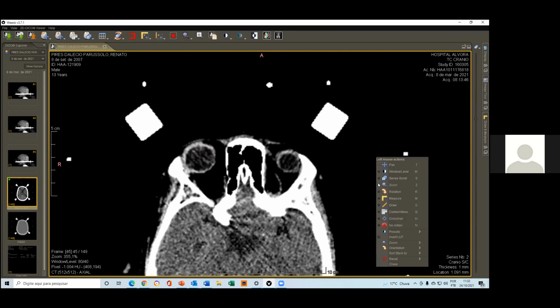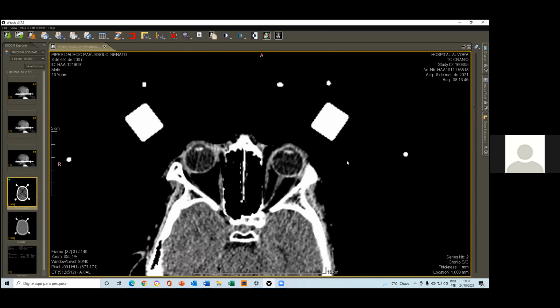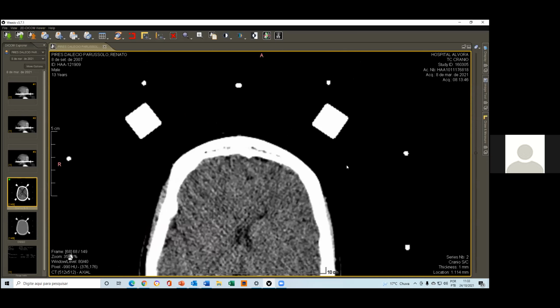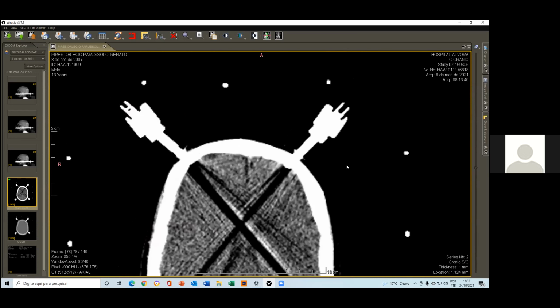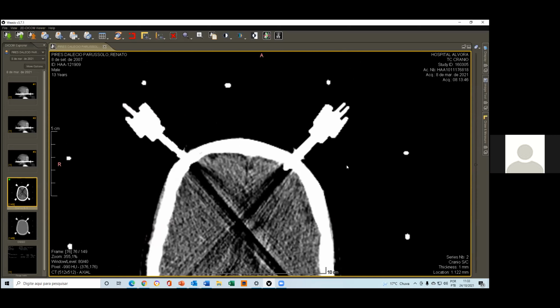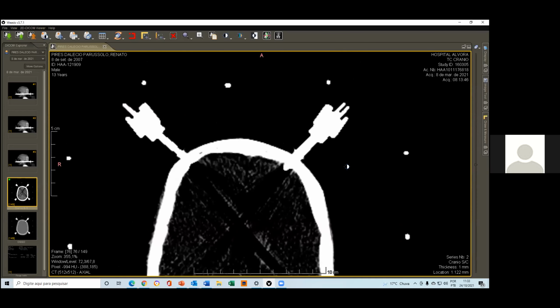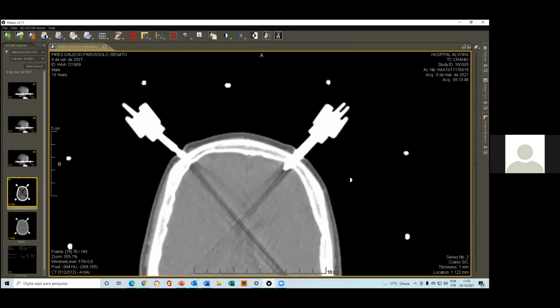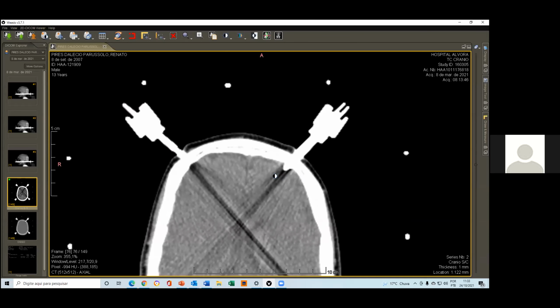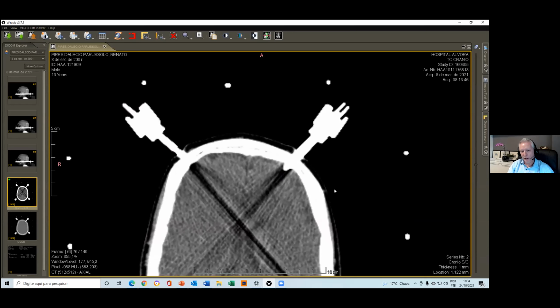Right, site of the pin. Sure. We can do some windowing here. So that was obviously part of your decision to go ahead, that it looks okay. Yeah, sure. That we didn't see any hematoma or anything.